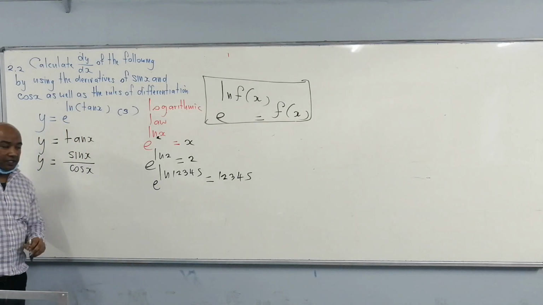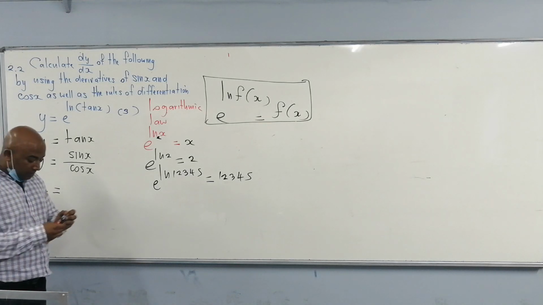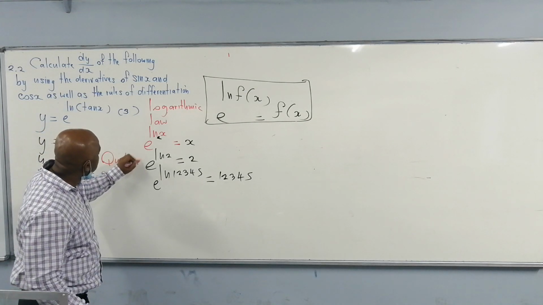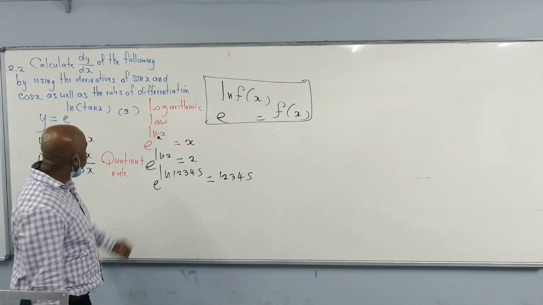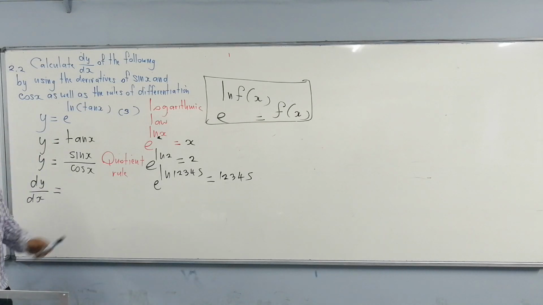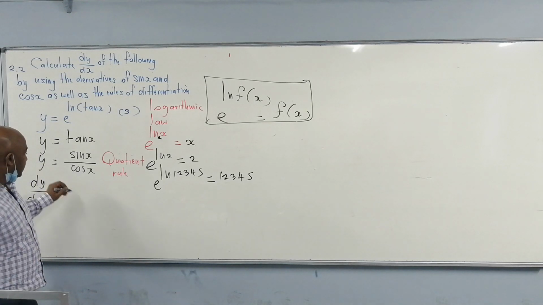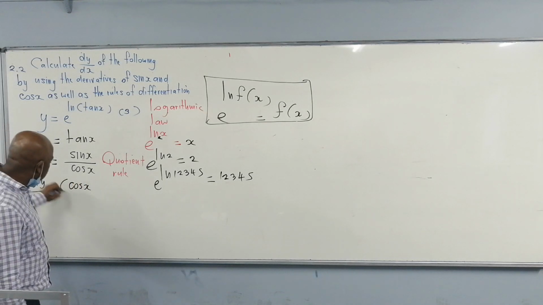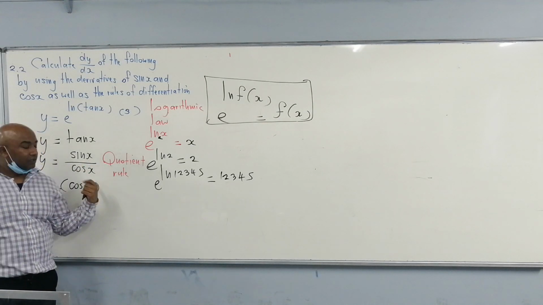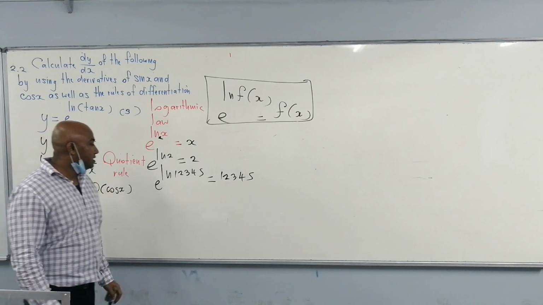So the quotient rule, let me write it down. We're going to go dy over dx. The quotient rule works like this. You start by copying the denominator, differentiate the numerator and multiply it by whatever you have. Derivative of sine x is cos x.